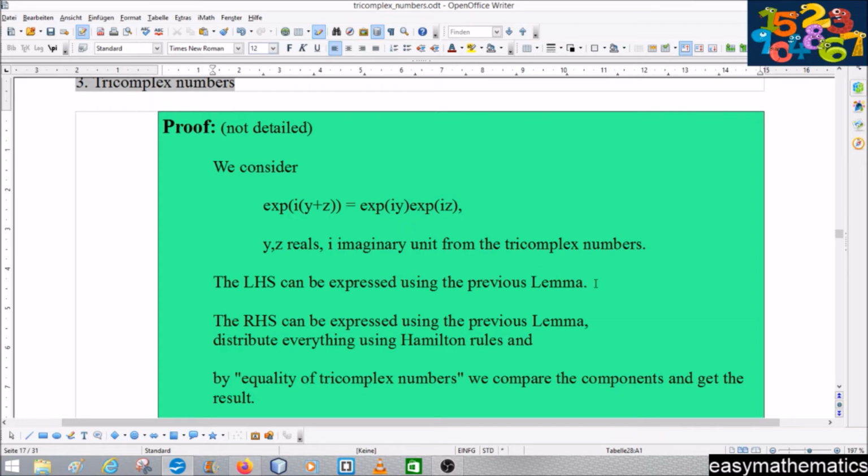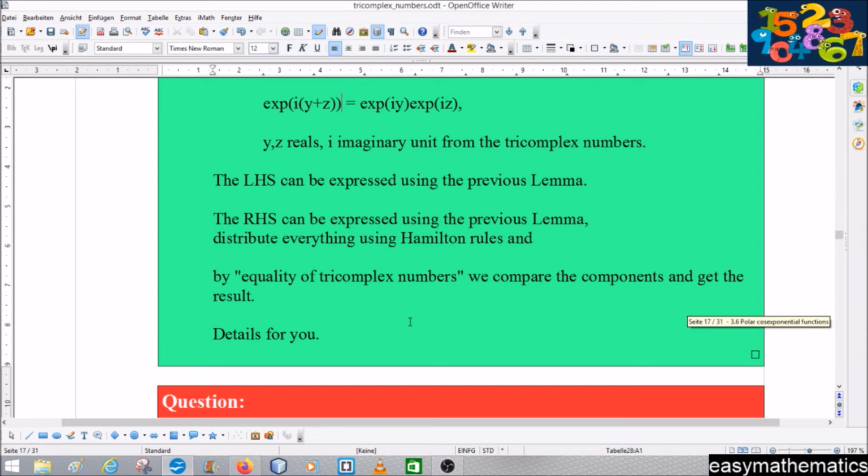So we have seen an expression for the left-hand side a couple of minutes ago, and the right-hand side can also be expressed using the previous lemma. And then if you distribute everything and use the Hamilton rules, we can compare the components and we get the result.